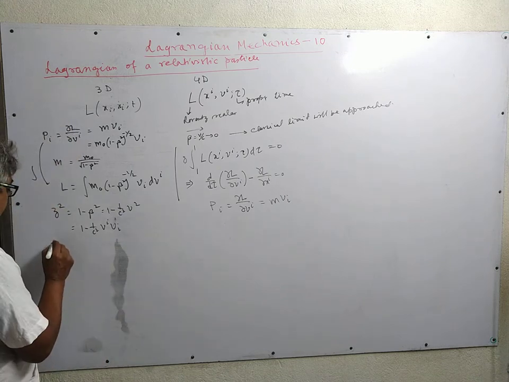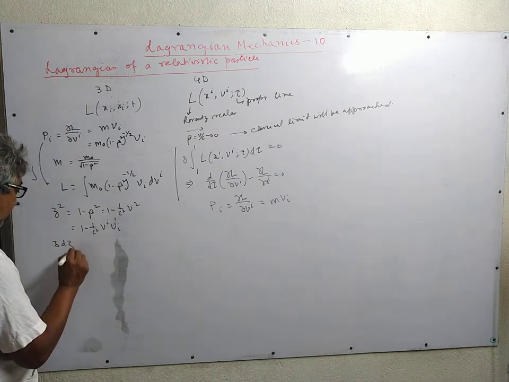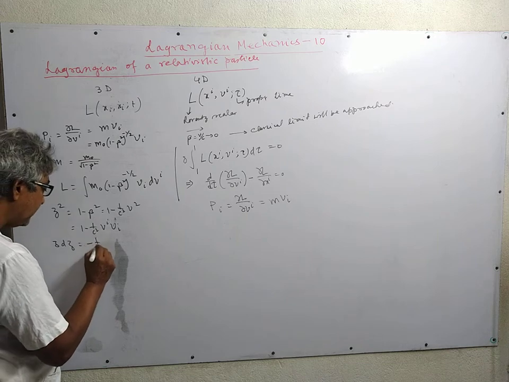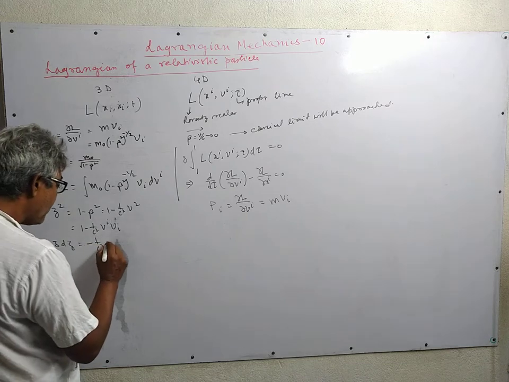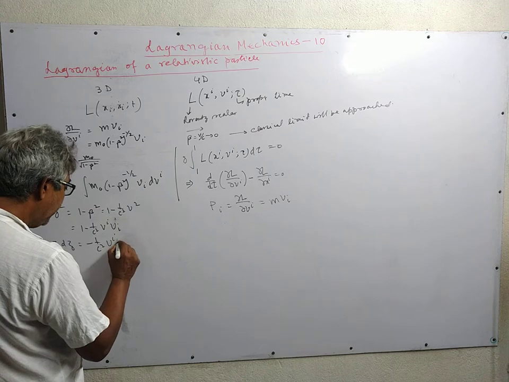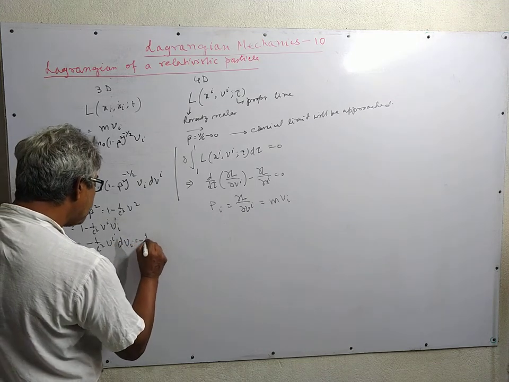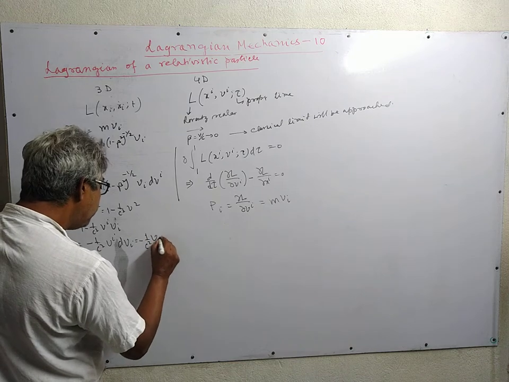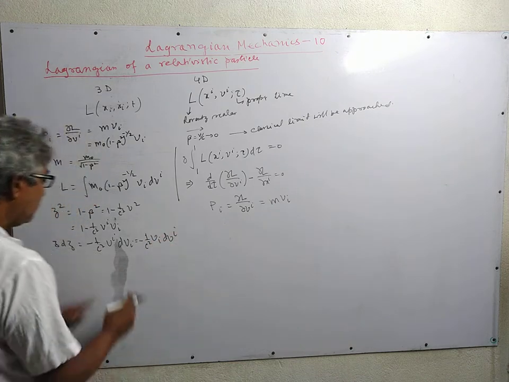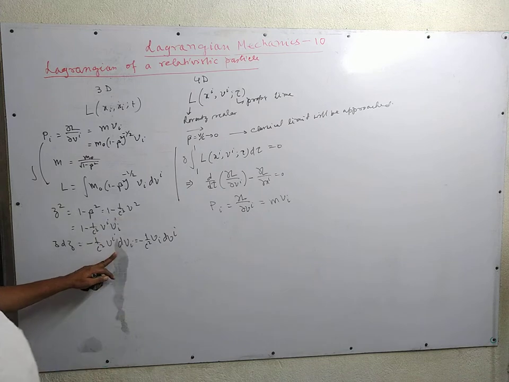So z dz, if we take the differential, is −(1/c²) v_i dv^i.